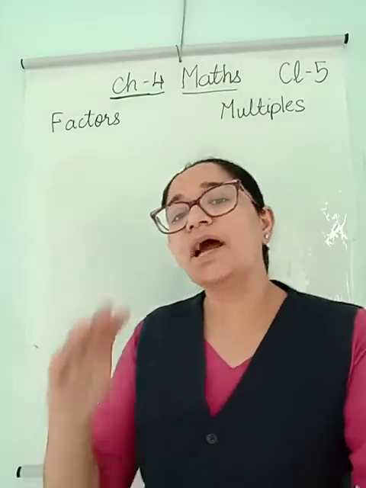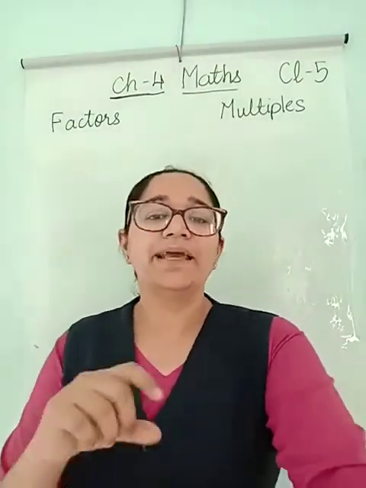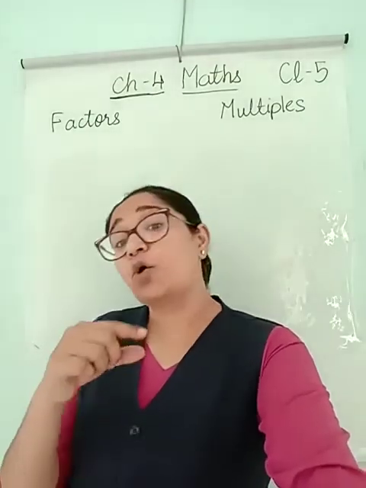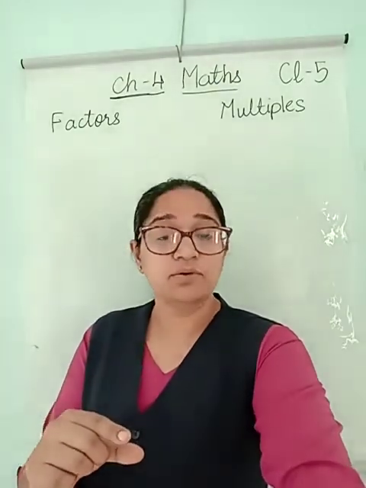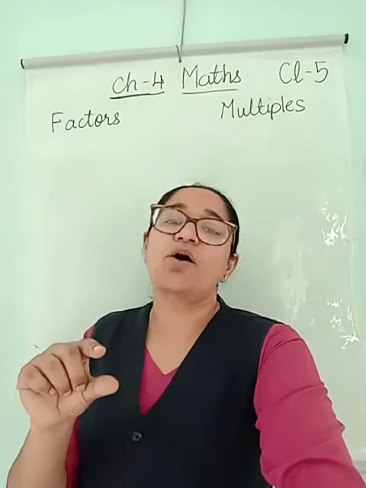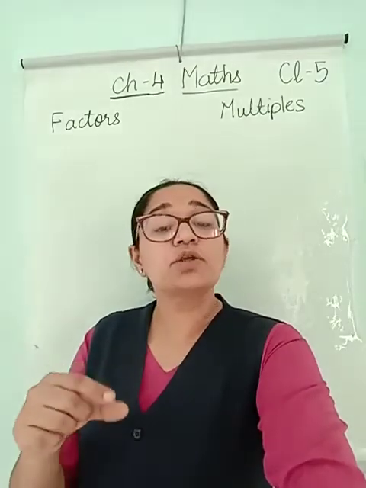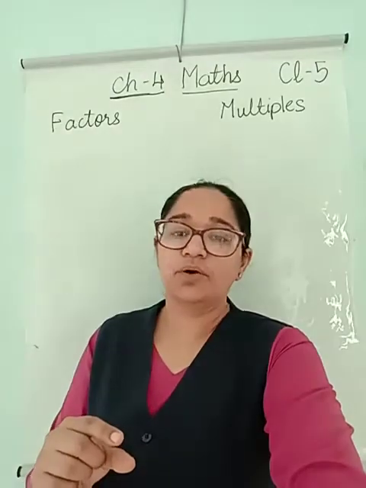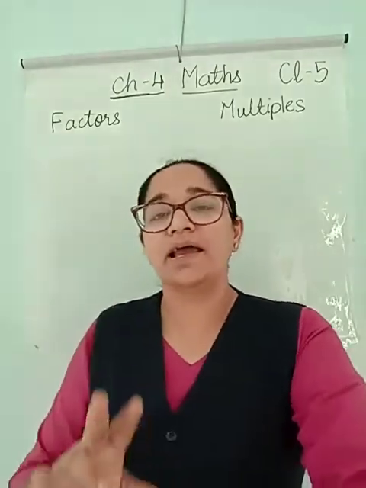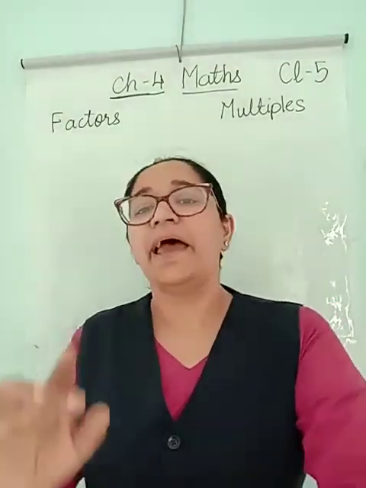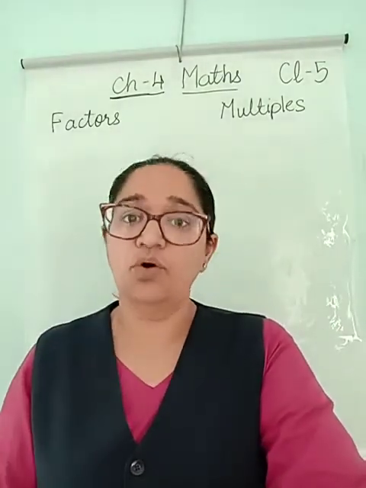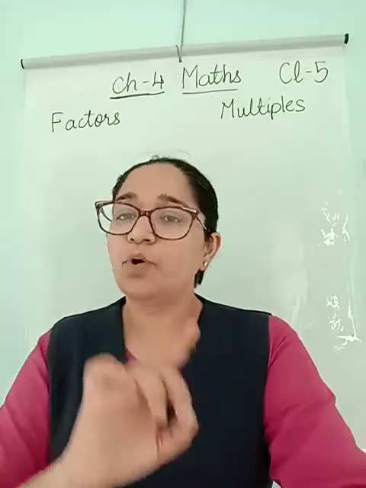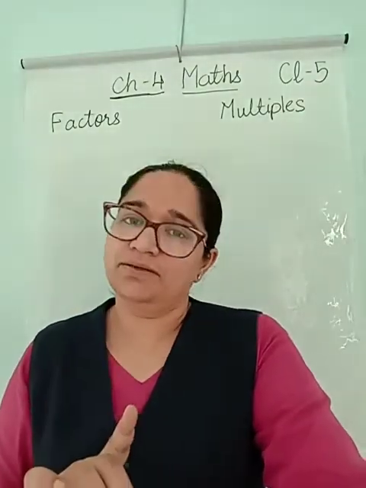So whenever I do division and I get the remainder as 0, then that divisor is called a factor. Also the quotient can also be a factor. So whenever I have division and get remainder 0, my quotient and the divisor both are called factors.